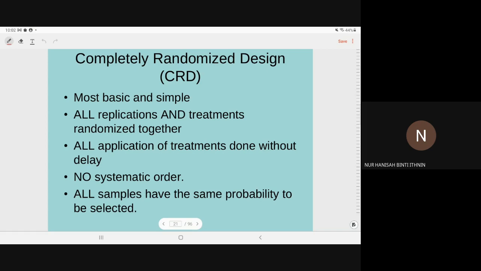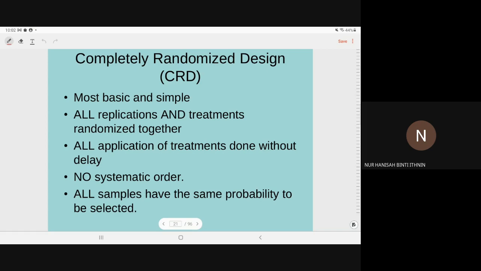Let's take a look at the first type. This is a completely randomized design, or CRD. It is the most basic and the most simple, but not necessarily the easiest one to conduct.